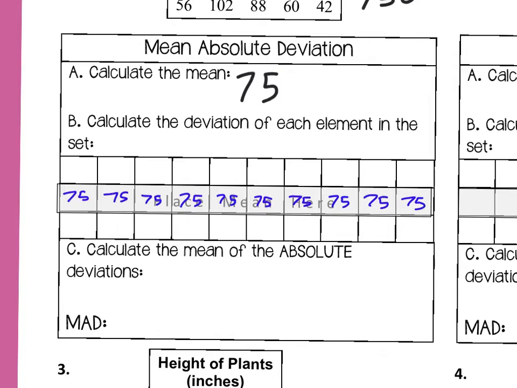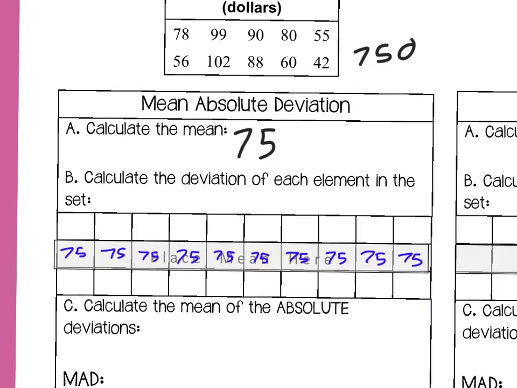Now, the deviation. We have to go back up to our set of data, and we have to do some subtraction here. So we're going to go 78, 99, 90, 80, 55, 56, 102, 88, 60, and 42.